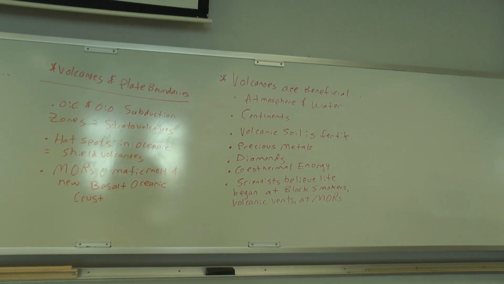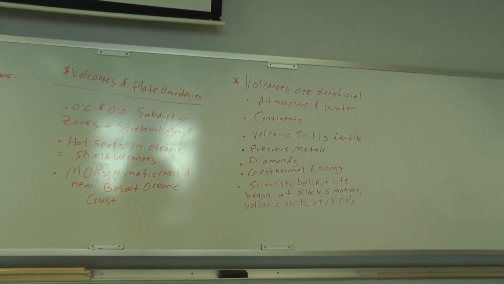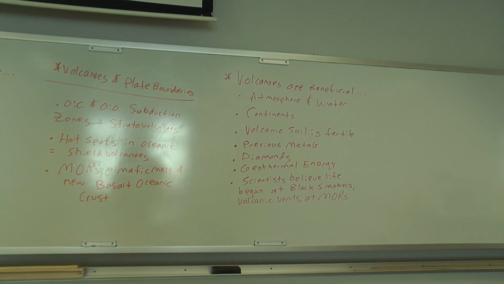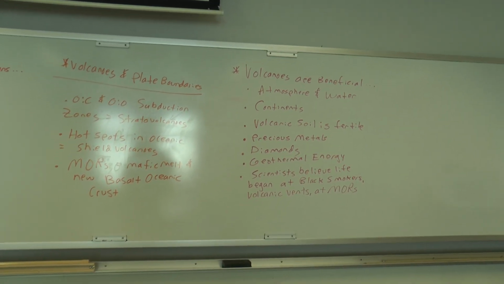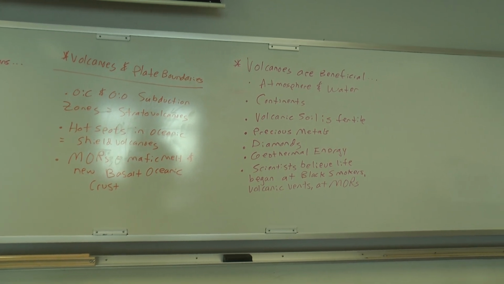So it's not really smoke, it's volcanic gases and nutrients, really, that are being released there at the mid-ocean ridges. And that will do it for our volcano lesson. Pretty short.